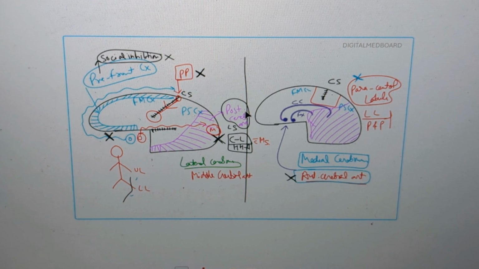Damage to the posterior cerebral artery can lead to contralateral homonymous hemianopia. The middle cerebral artery also supplies some visual input to the macular area in the posterior part of the brain, and damage may result in macular sparing.